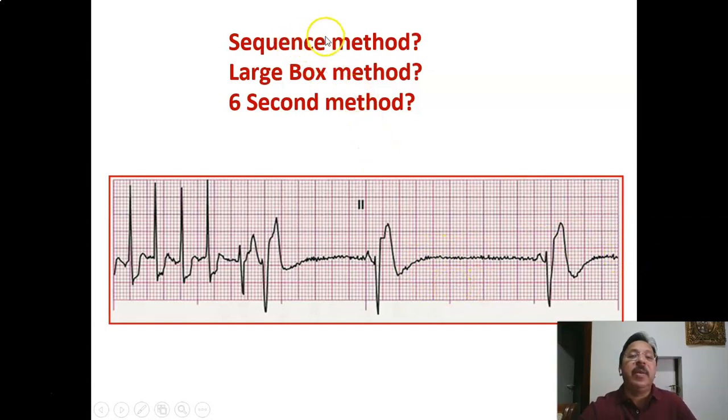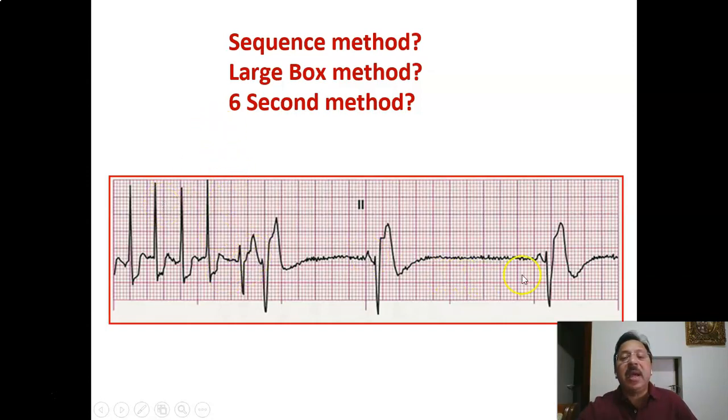By the sequence method, if you see the initial component of this ECG, it's 300, 150. So the heart rate is between 150 and 300, approximately 180, 190. By the large box method, this is again 300 divided by 1.5, so approximately 180.